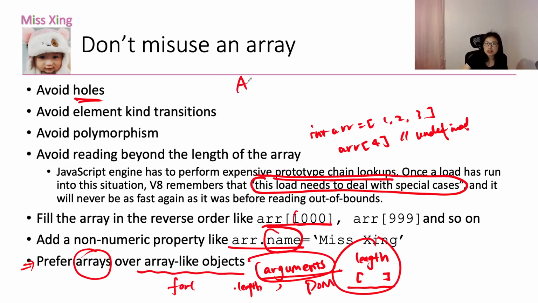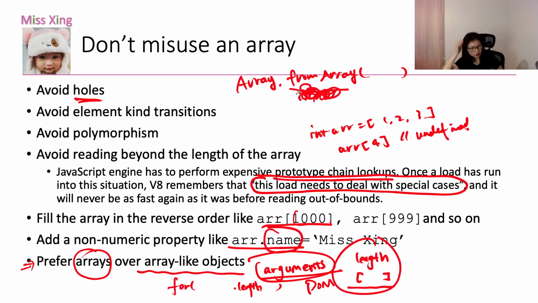If I remember correctly, Array has something called Array.from, or isArray, which can convert an array-like object into a real array. Then you can use forEach, filter, map, reduce, those methods. I couldn't remember exactly, you can check by yourself. That's a method which you can use to convert.